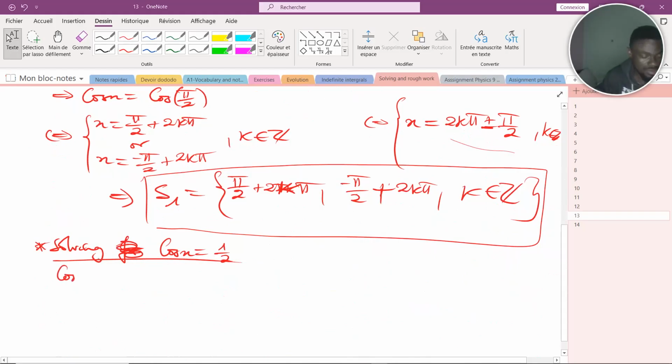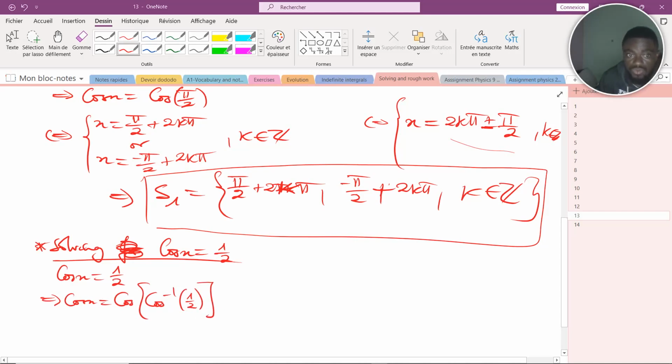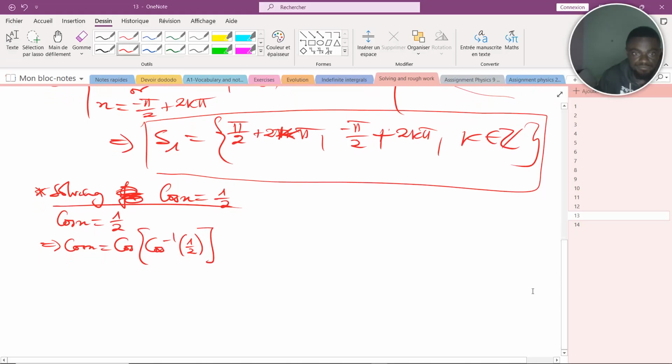Cos x being equal to a half implies cos x will be equal to cos of cos inverse of a half. I hope you understand why I'm writing it, because the cos of cos inverse of something is that thing. Now the cos inverse of a half, the angle whose cos gives a half, is 60 degrees, that is pi on 3.